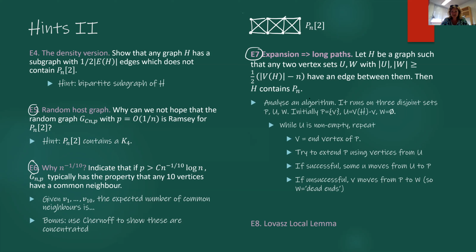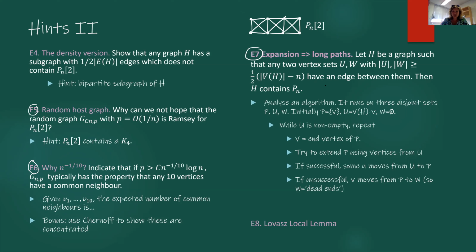Again, what does this exercise say first? The assumption is about our graph H that any two sets U and W of this size have an edge between them. Notice that this is quite a weak assumption, because these sets are huge.